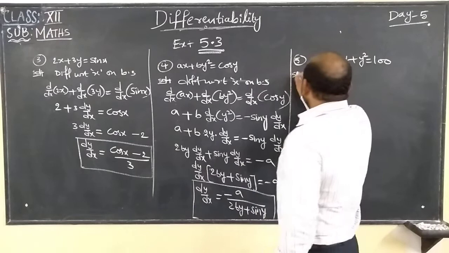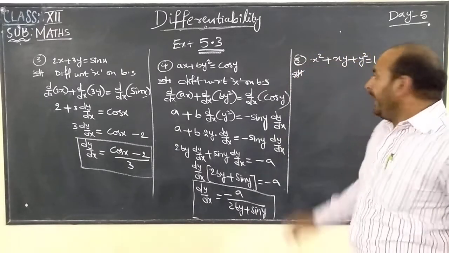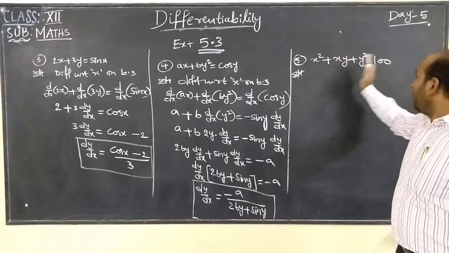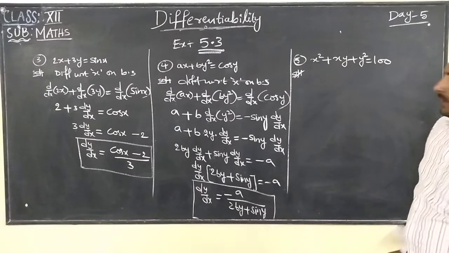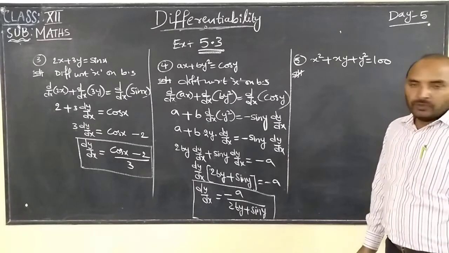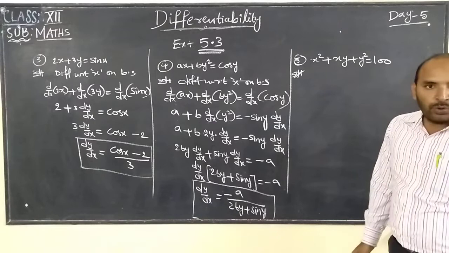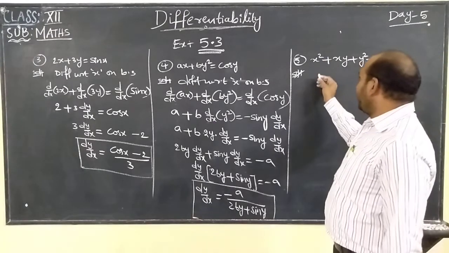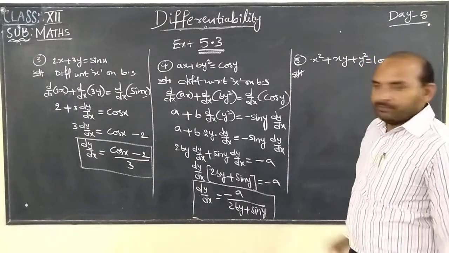Now coming to the fifth one. X square plus xy plus y square equal to 100. It is also an implicit form. We cannot write the x term separately alone. So now differentiate each and every term.